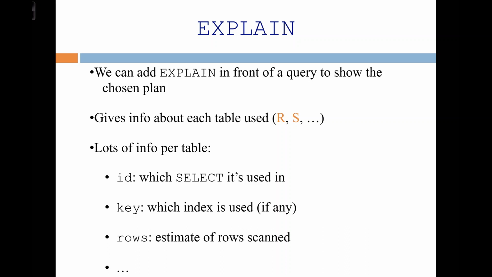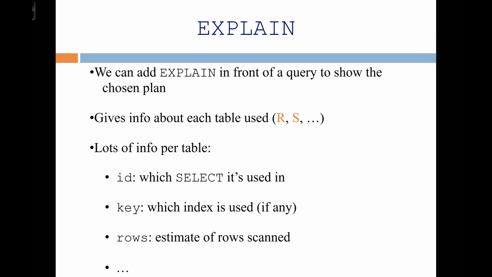Turns out we don't actually just have to guess and hope that we got the right answer and put an index in the right place. We can have MySQL tell us what plan it came up with for a query. So we just use this keyword explain. You can put that in front of any query, and then instead of executing the query, it will just go as far as compiling the plan and then just tell you what the plan is.